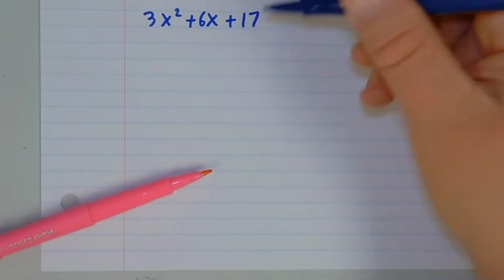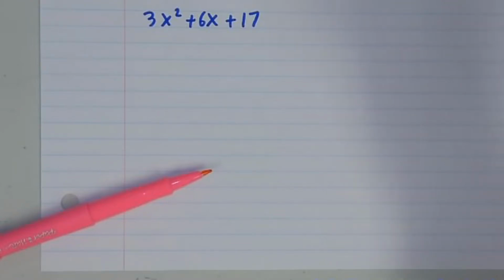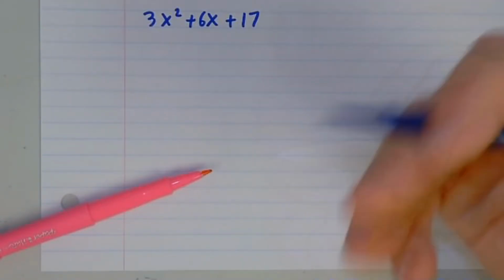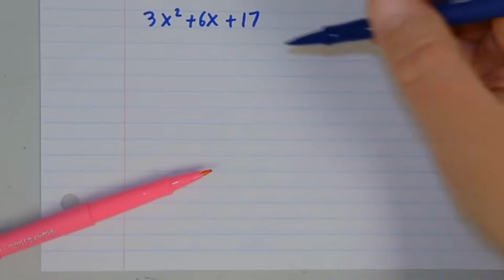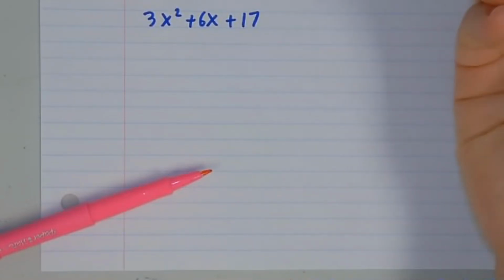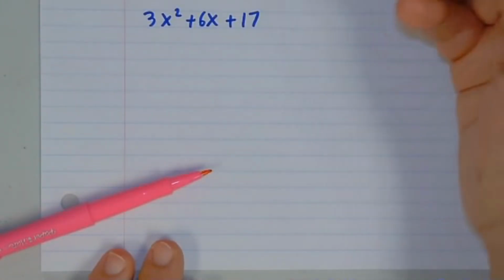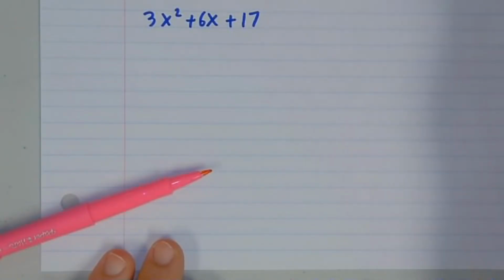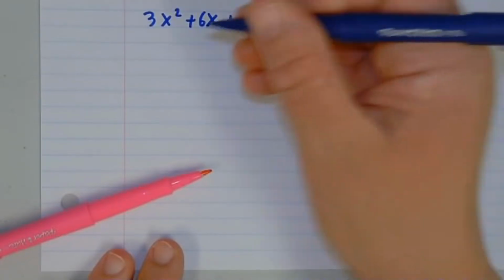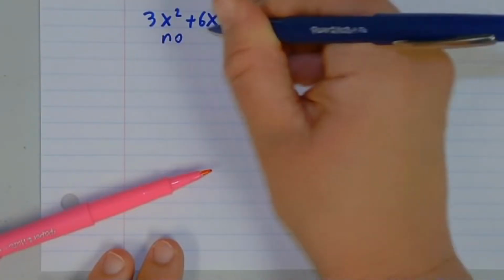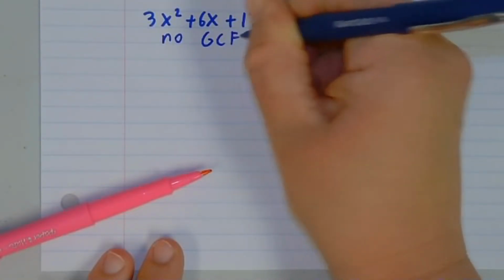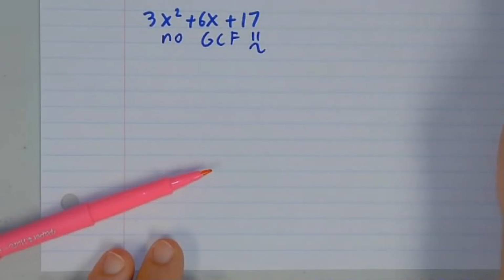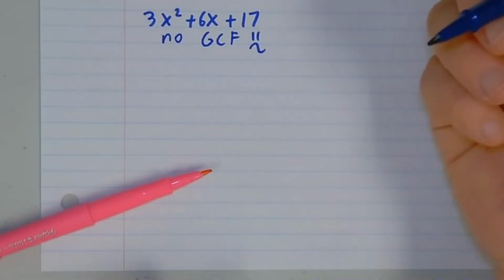I can't factor a 3 out of that because 3 times 5 is 15 and 3 times 6 is 18. So I know 17 isn't a multiple of 3. So I know this doesn't have a greatest common factor. So there's just nothing to do there. I mean, I could factor a 1 out, but that wouldn't change anything.